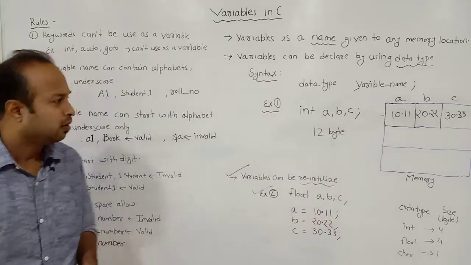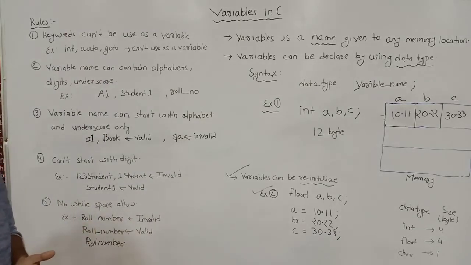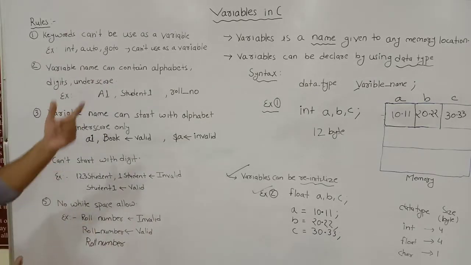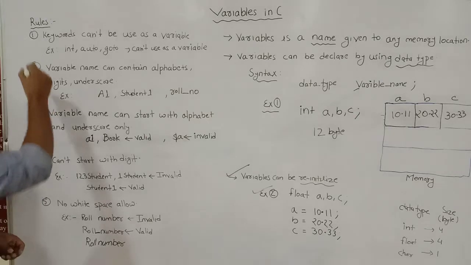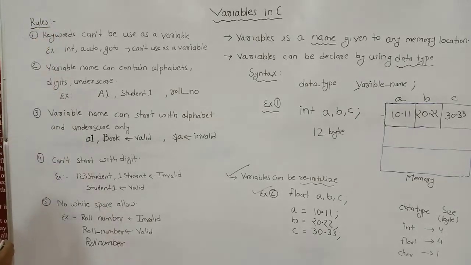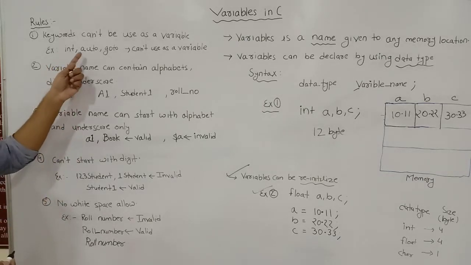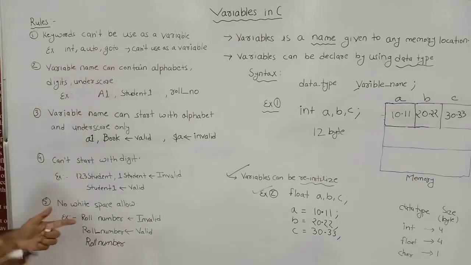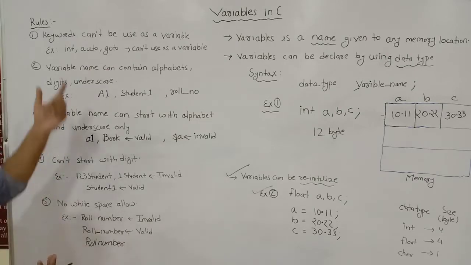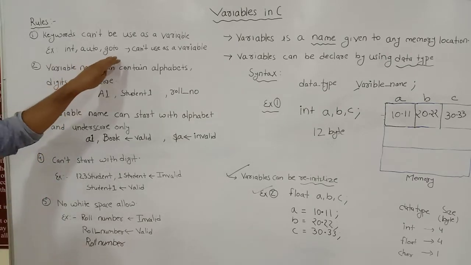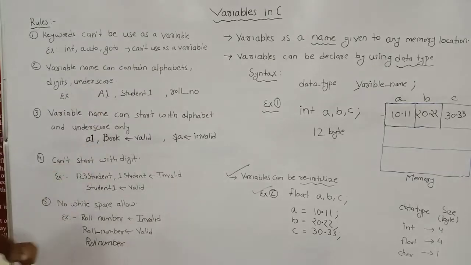And a few more points related to variables we have to know. Rule 1: keywords cannot be used as a variable. Here we can see some examples: auto and goto are some examples of keywords. Means these keywords can't be used as a variable.